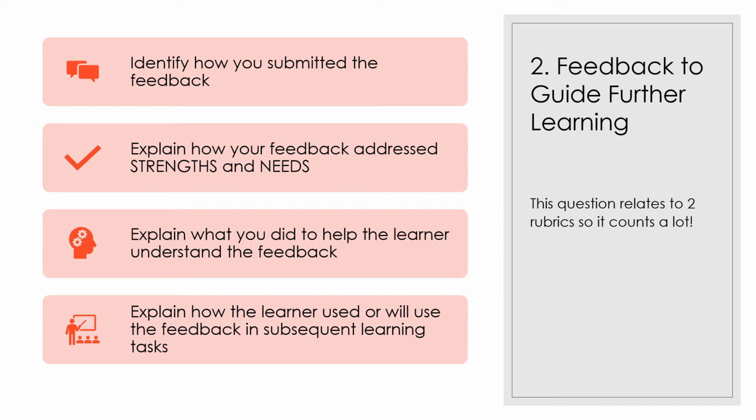So it's 2/5 of your task 3 score. So it's really important. There's one rubric that is just on how well you gave feedback. And then the second rubric is on how well you helped the learner to understand the feedback and use it. So remember that. If you're going to put more time into one area, it should be this question.